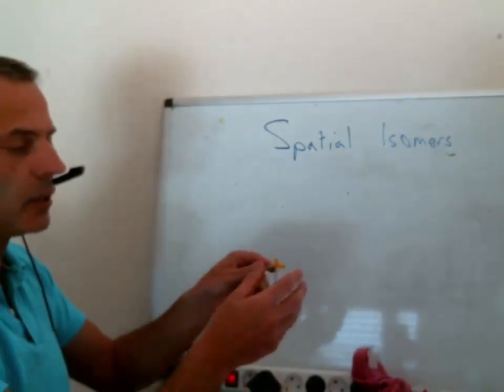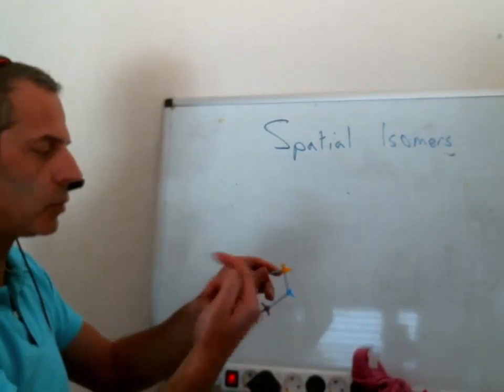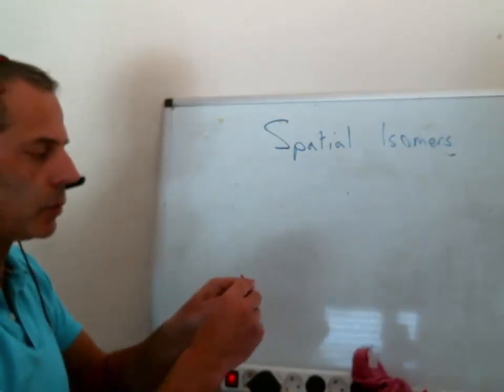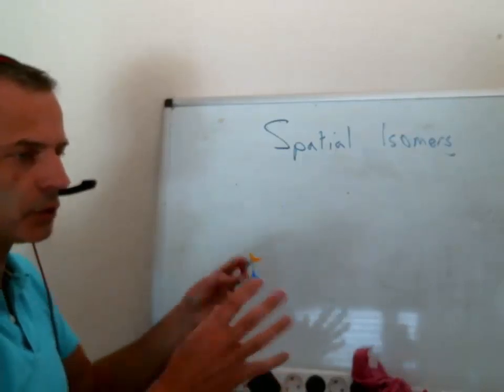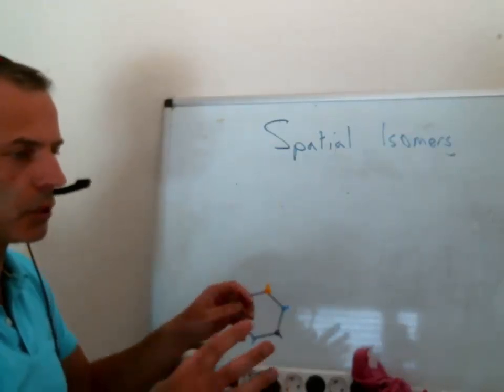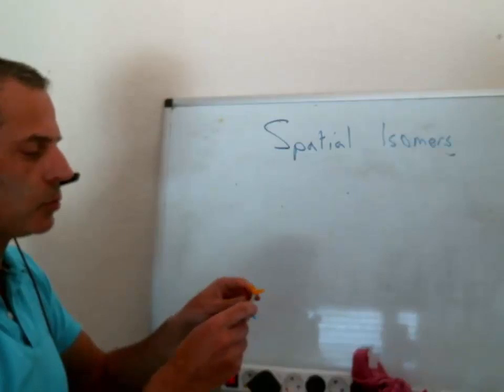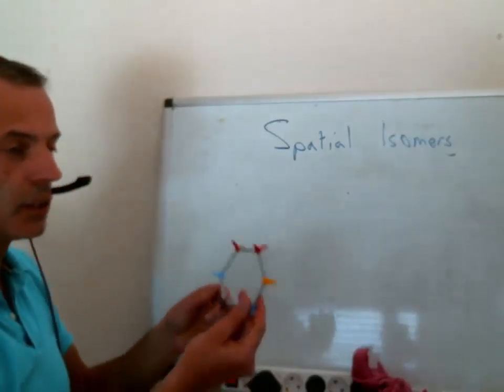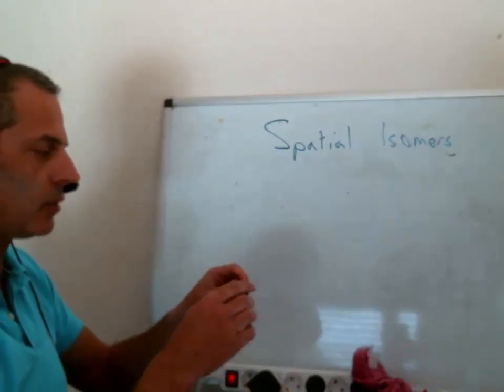In reality, we can't get the bond to go all the way through in a small ring without breaking the bond and reforming it. If the ring was very large, it would be floppy, so very large rings can turn inside out, but small rings, 6, 5, 4 and 3, can't flip configuration very easily.